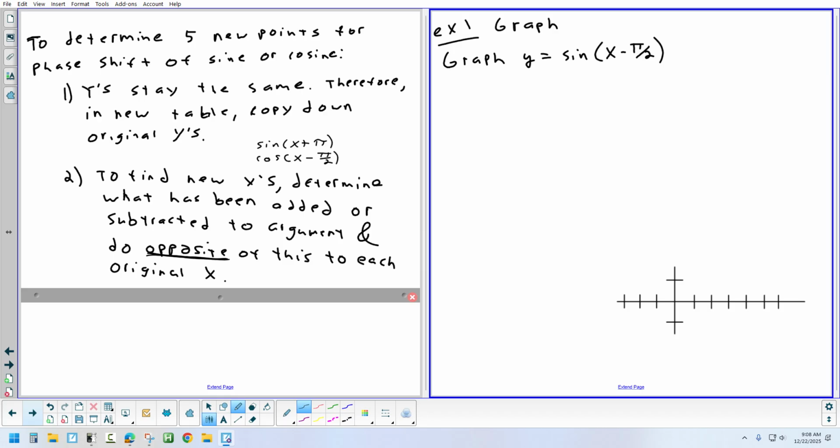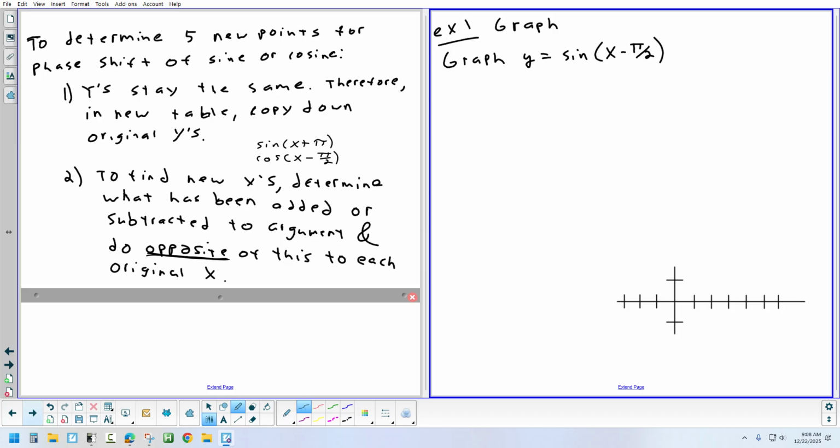So pi is how much of a shift in degrees? 180. And then pi over 2 is how much of a shift? 90. So this is a quarter cycle shift, because a full cycle is 360. And pi over 4 is 45 degrees, so that would be shifting it by 1/8 of a cycle.